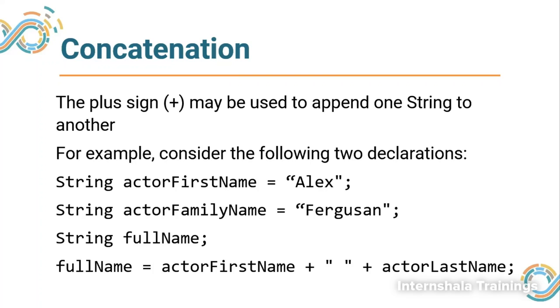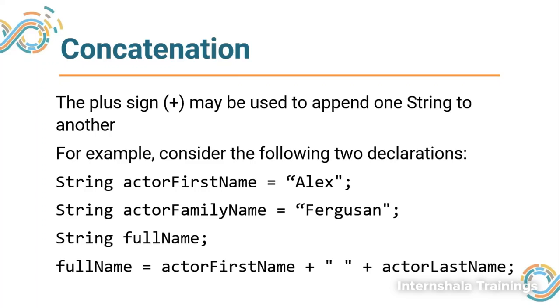Then I have a second, actorFamilyName, which is Ferguson. Now I define one more variable of the type string and the name of the variable is fullName. And I say fullName is actorFirstName plus a space in double quotes. Okay, double quotes with a space is a string, plus actorLastName.